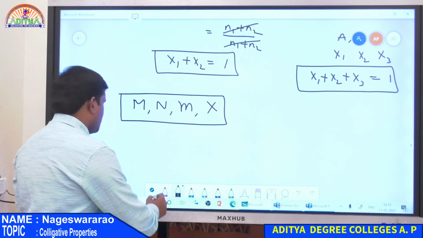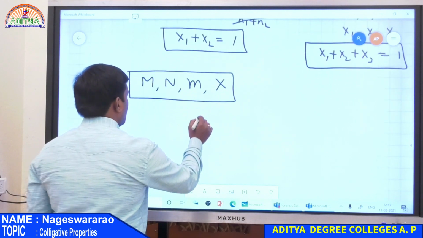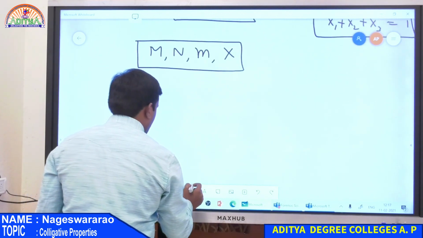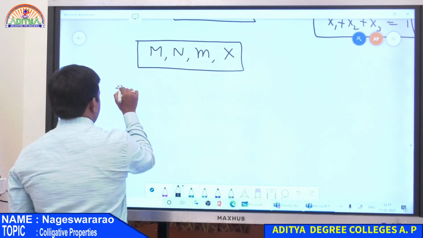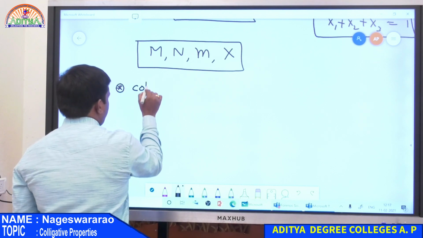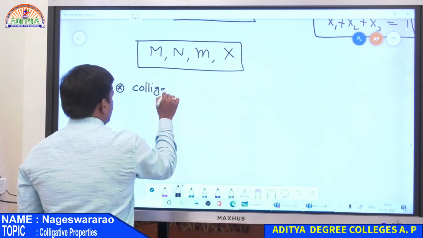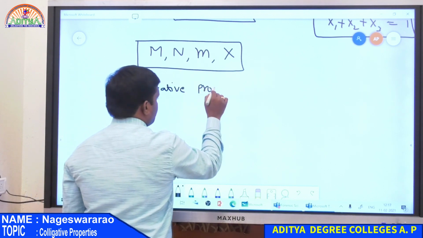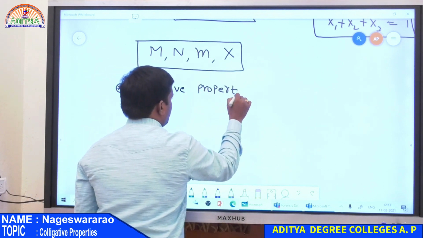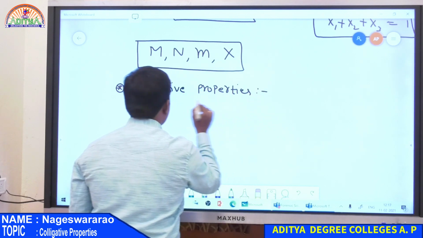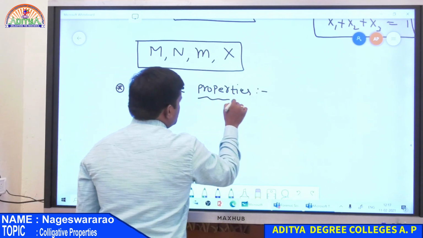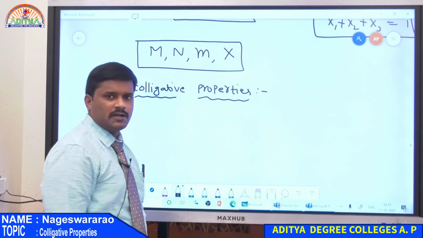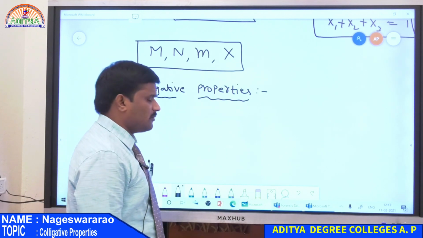Now the next topic in this chapter is colligative properties. All dilute solutions exhibit colligative properties. Now what is a colligative property?